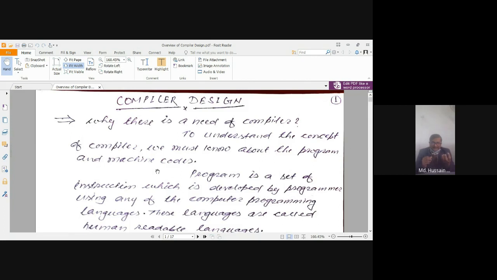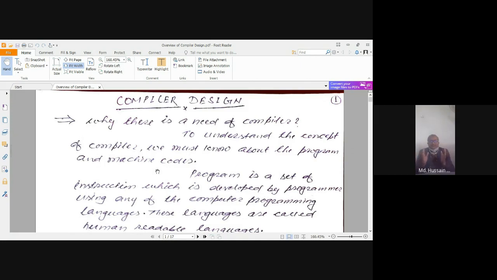So compiler is a translator. What are the functions of a translator? The function of a translator is simply that it takes one language as an input and produces another equivalent language as an output.